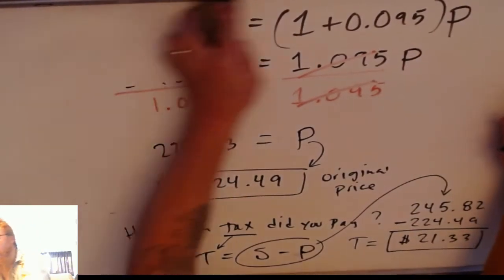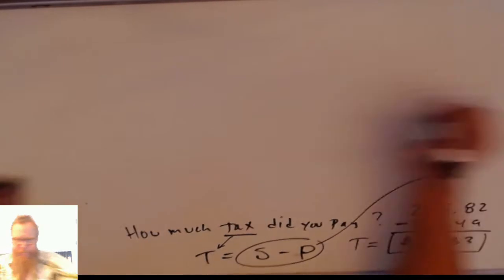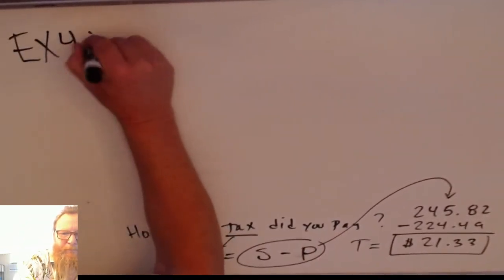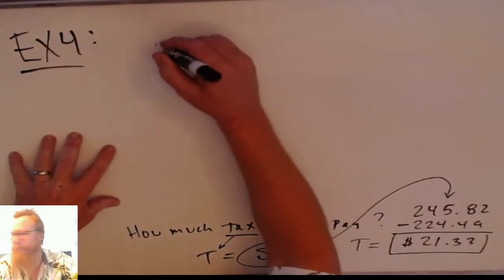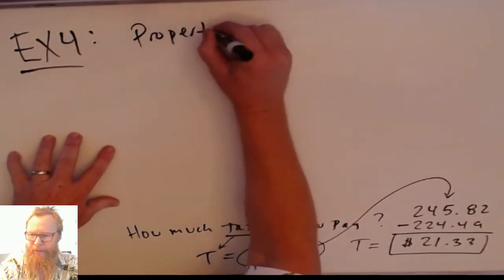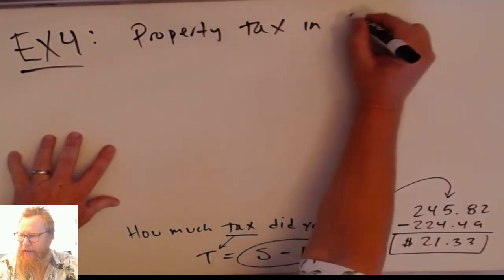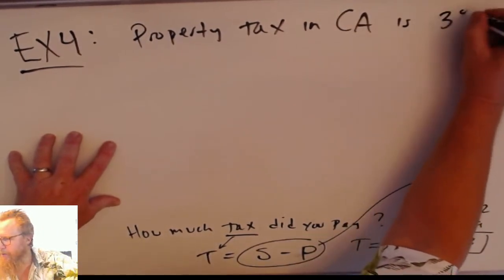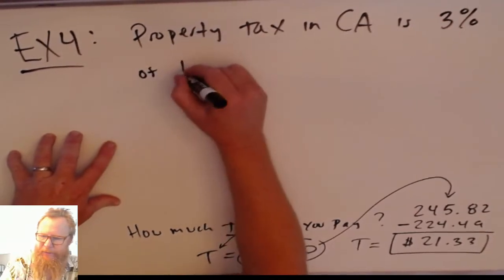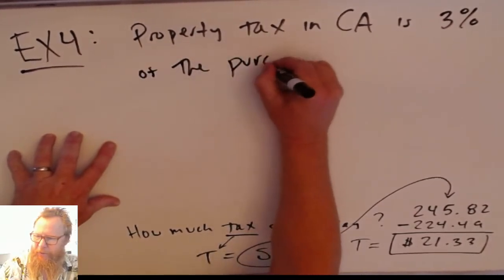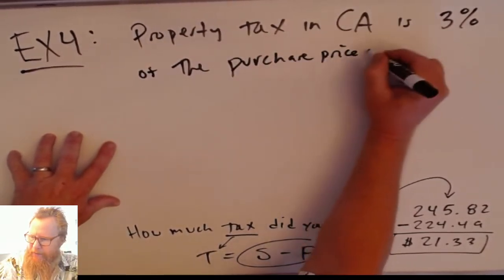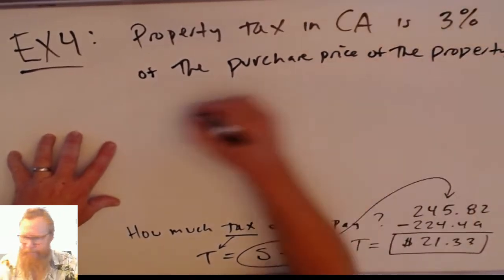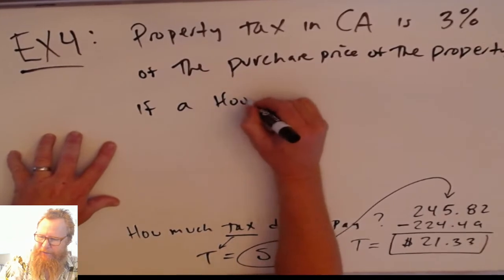Maybe we'll do one more. Property tax in California is 3% of the purchase price of the property.